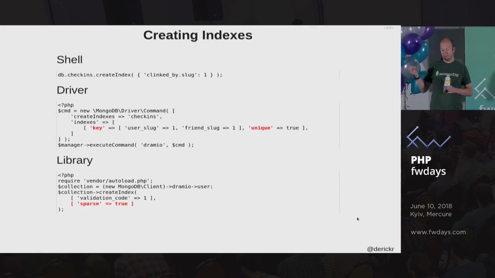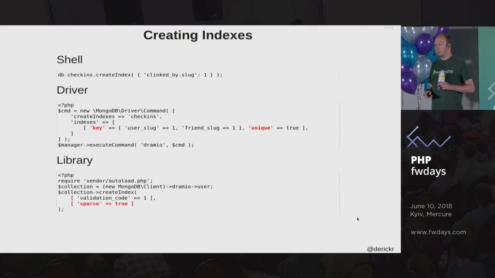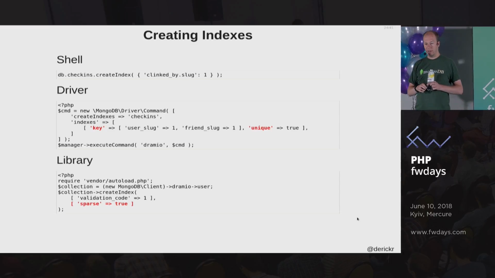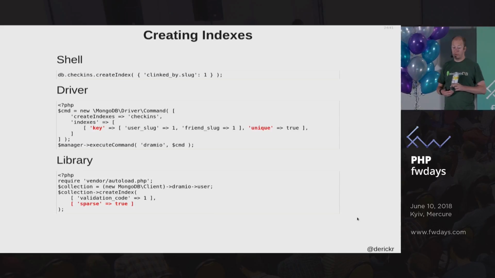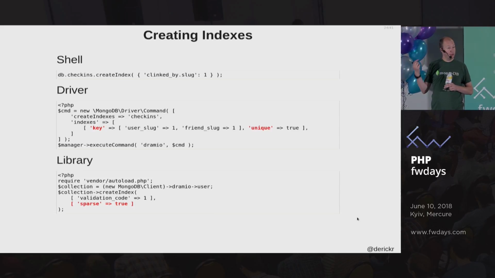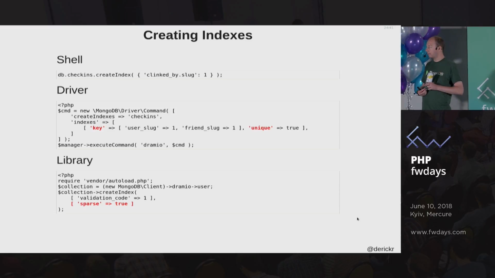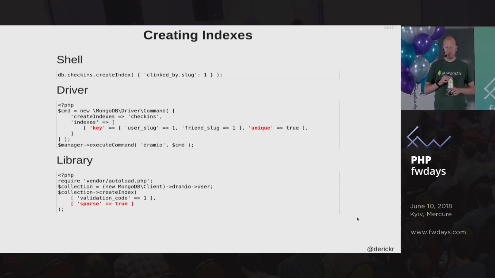To create an index, this is the only slide where I sort of compare how to do it among the 3 different ways. Doing it in the MongoDB shell is probably where most people would create indexes. It runs a little bit of a JavaScript kind of language in there, where you call createIndex. If you want to do it in the driver without having the library loaded, you can see that gets quite a bit more complicated, right?